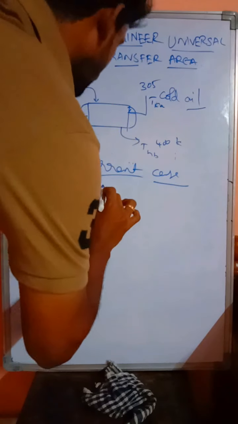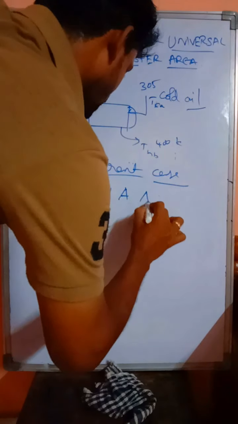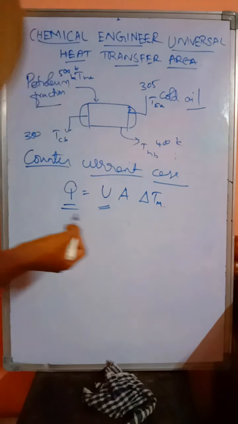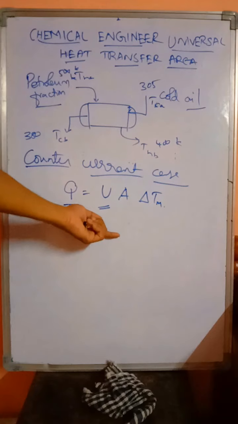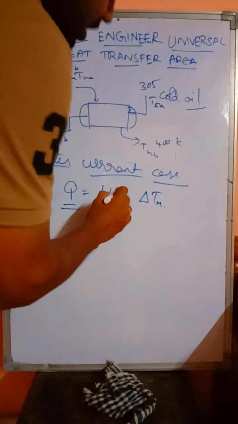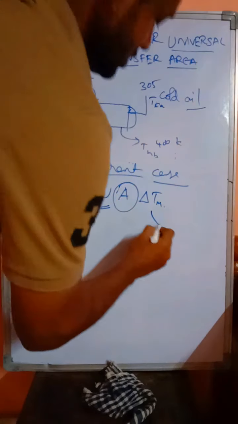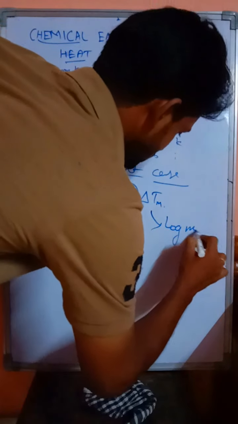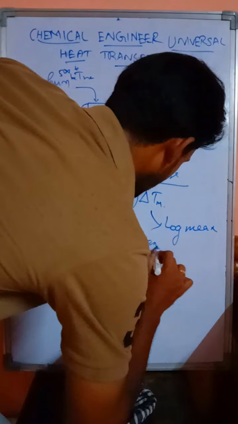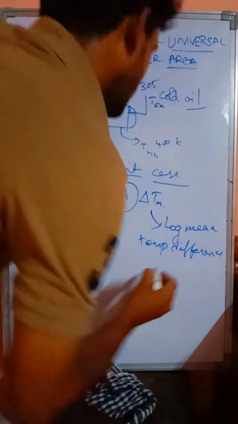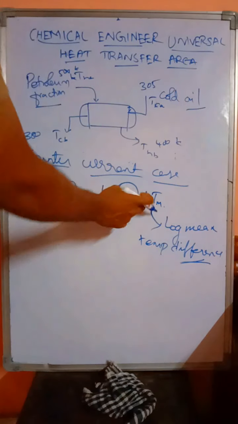If you know the Q, you can use this formula, where U is the overall heat transfer coefficient, which will be given. The area we can find out by finding the log mean temperature difference, right? I'll tell you how to find this.